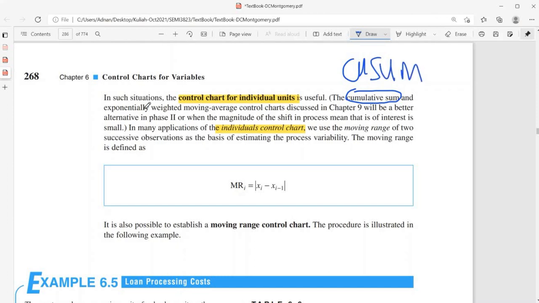Another chart is the exponentially weighted moving average, EWMA, which can also be used for individual measurement. This is different from the normal X bar chart.